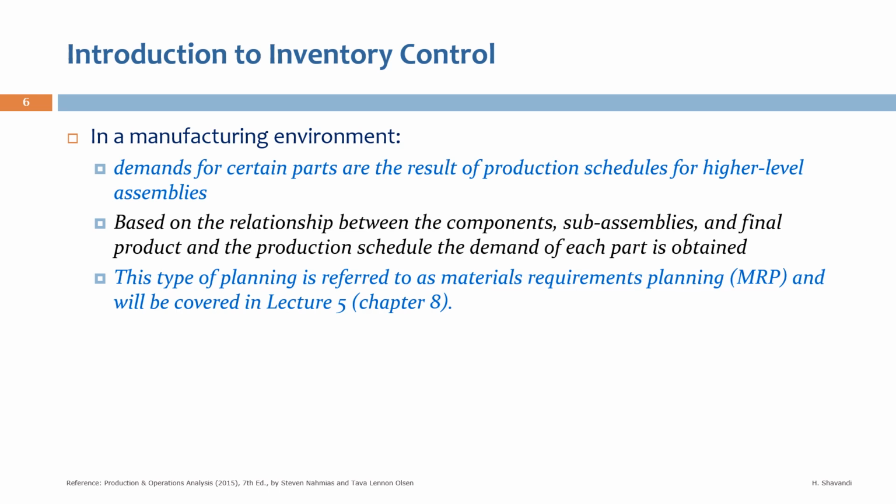Inventory could be a raw material, a component, a sub-assembly, or a finished good, a finished product. Usually the inventory control in a manufacturing environment is referred to as material requirement planning, or MRP, which we will cover in lecture 5 or chapter 8 of our textbook.